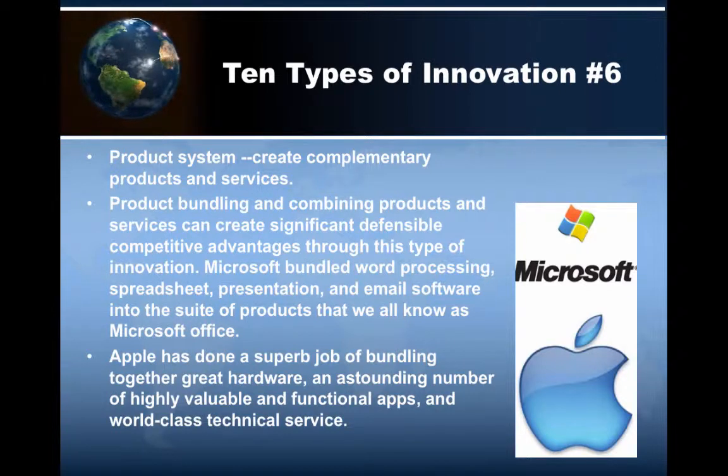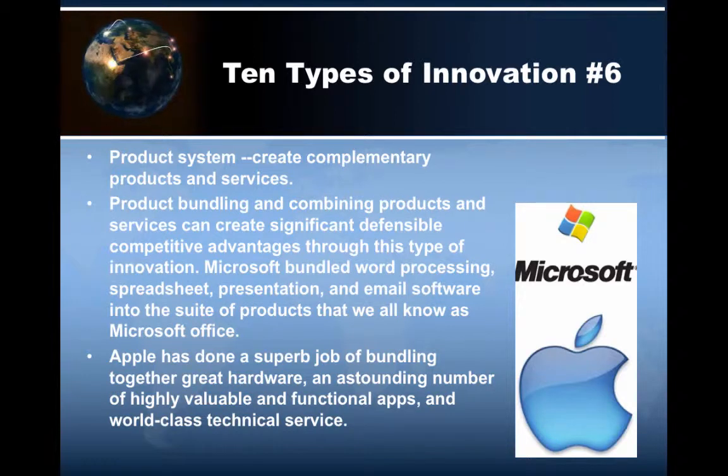The sixth type of innovation is product system. It's creating complementary products and services. We've seen before, product bundling and combining of products and services can create significant defensible competitive advantages through this type of innovation. Microsoft, as we well know, bundled together word processing, spreadsheet, presentation, and email software into the suite of products that we all know and love or hate, called Microsoft Office.